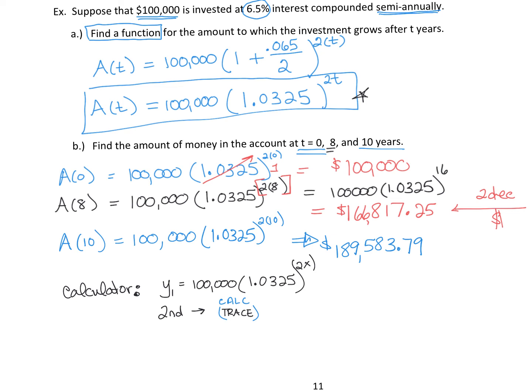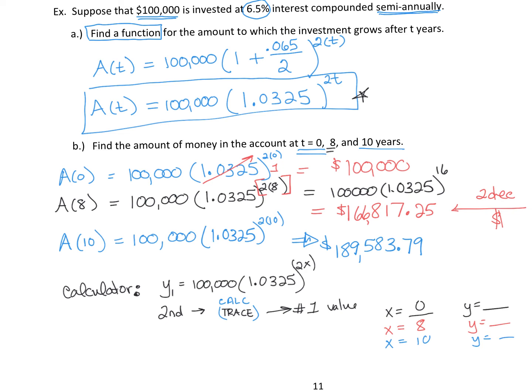So we're going to do second function, calculate, and choose number 1, which says value. It's going to graph this for you, and at the bottom of the screen it's going to say x equals, and you can type in your 0 and it will give you a y value. Then without doing anything else, you can just type in 8 and it will give you a different y value. And similarly, you can just type in 10 and it will give you that value.